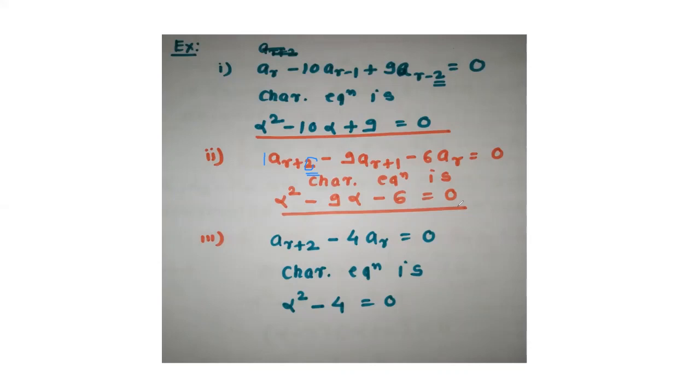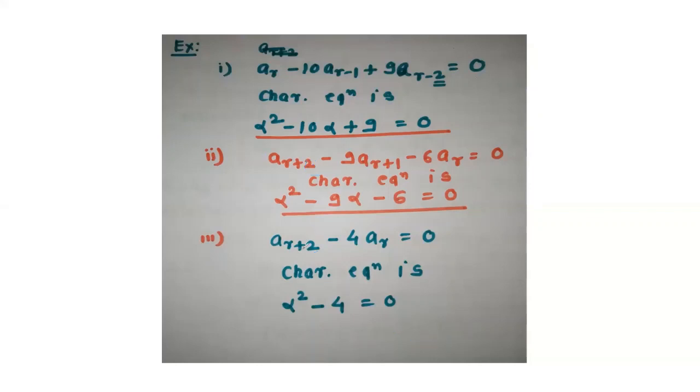The third example, a_(r plus 2) minus 4 a_r is equal to 0. Remember here the highest value of k is 2. But is there an r plus 1? No, directly there is r.